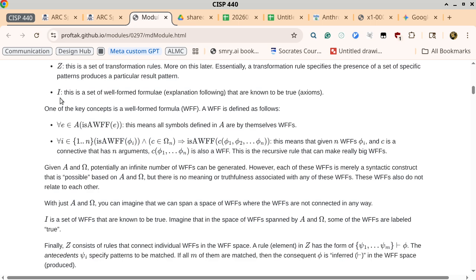What elements you put into iota depends on, quote unquote, the reality that you're trying to model. We good so far? Yes. Every element is a well-formed formula, and for that element, it's assumed to be true.